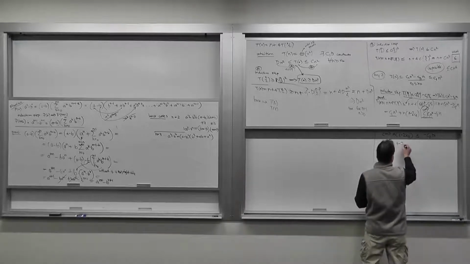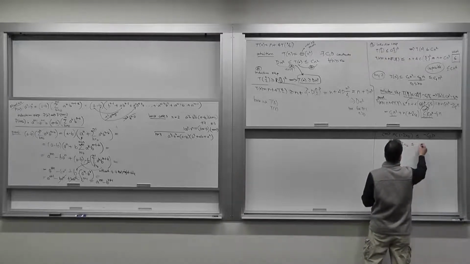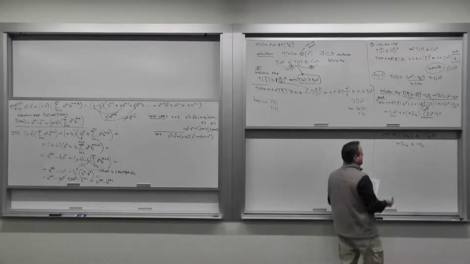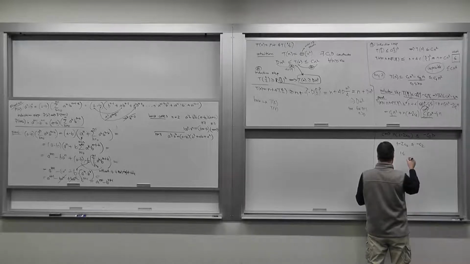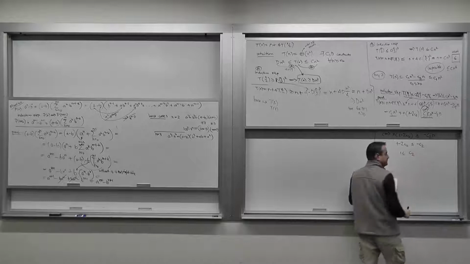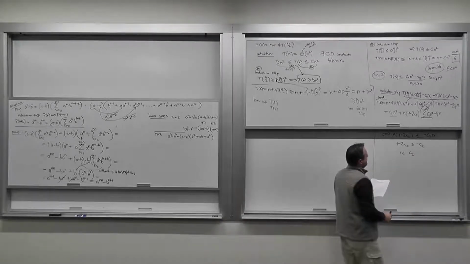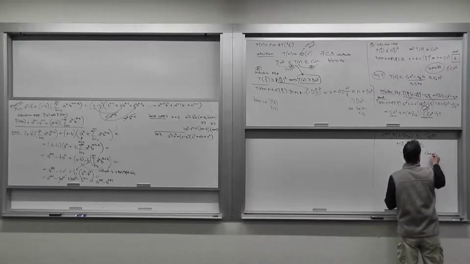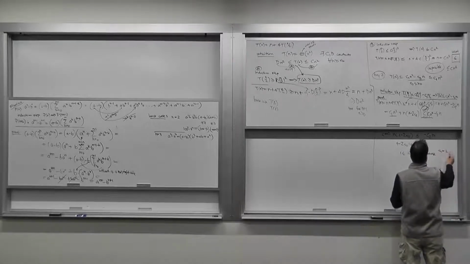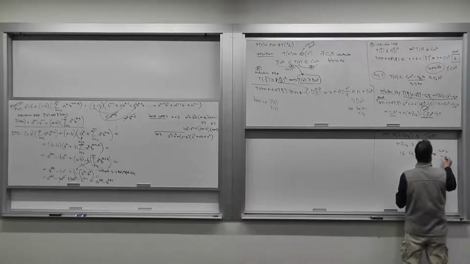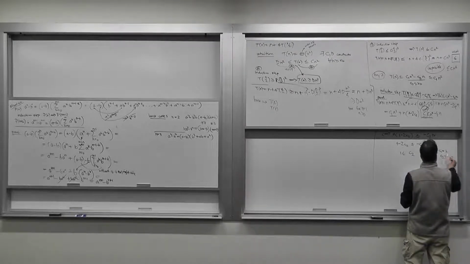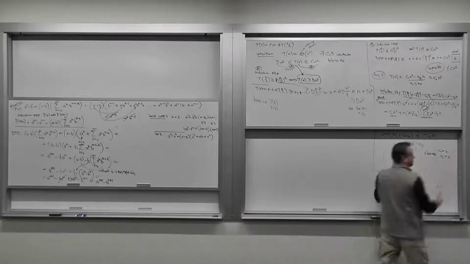So that means 1 minus 2 C2 has to be smaller than minus C2, which is the same as saying, if I move things around, 1 is smaller than C2. So I can choose C1 to be 1, for example, because I have no constraints on it. But C2 has to be something bigger than 1, for example, 2.